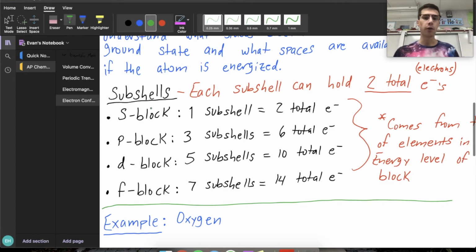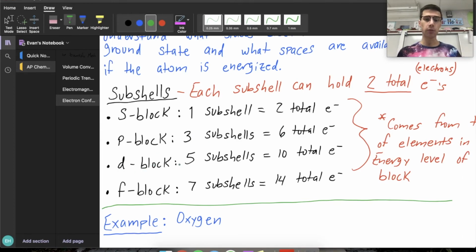But just so you all know, the S block has 1 subshell, and this will make more sense when we talk about how to format writing down what this looks like. So the S block has 1 subshell, so it can hold a total of 2 electrons, because of 2 electrons within each subshell. The P block has 3 subshells, so it can hold a total of 6 electrons.